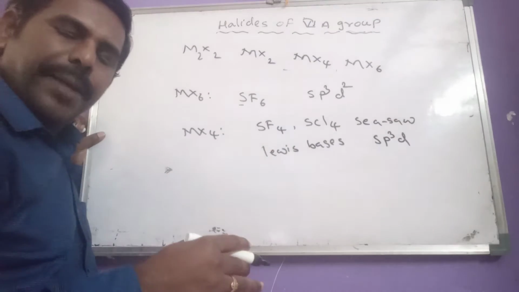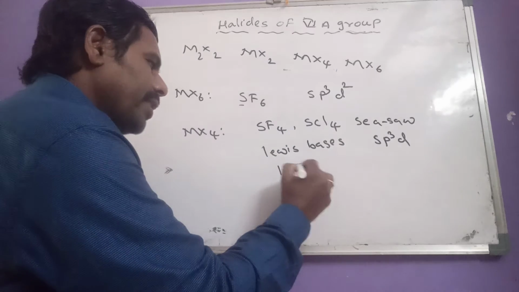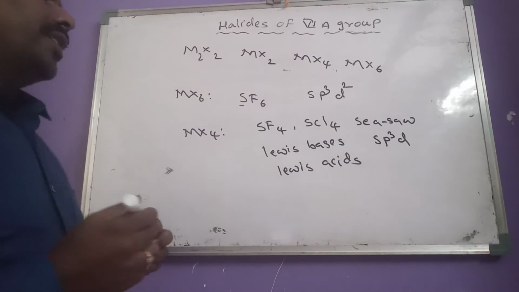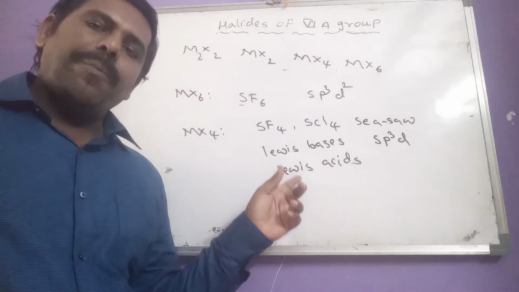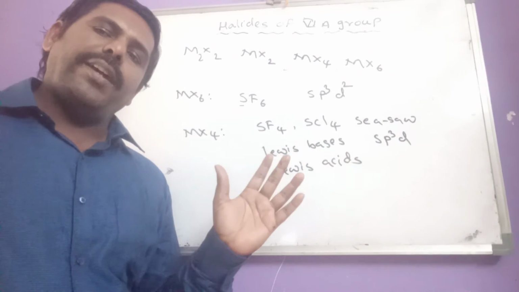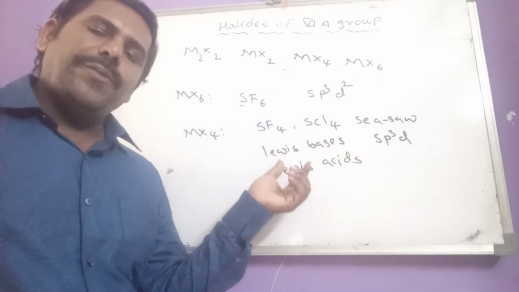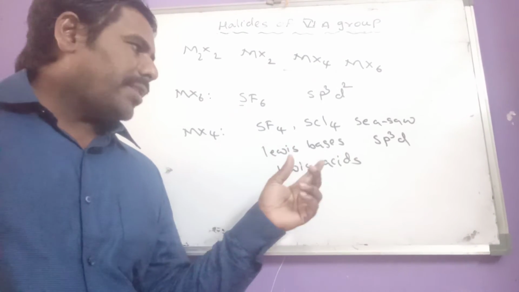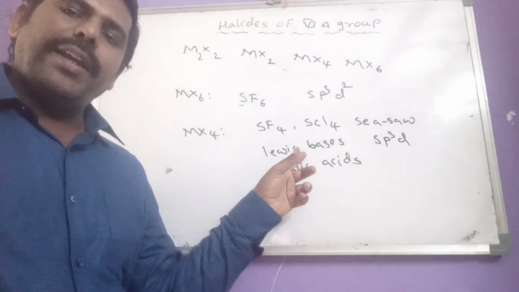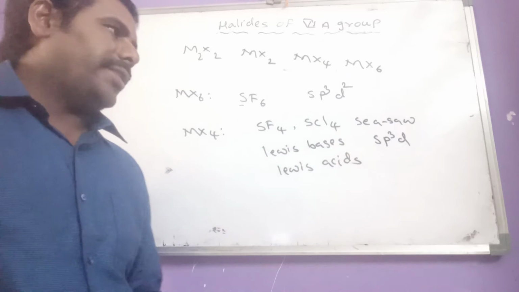At the same time, by accepting electrons, these can also act as Lewis acids. By accepting electrons, they can expand their octet configuration. By that, these tetrahalides of chalcogens act as Lewis acids, and by donating the lone pair of electrons, they also act as Lewis bases.